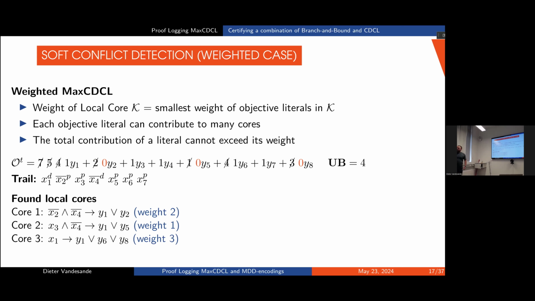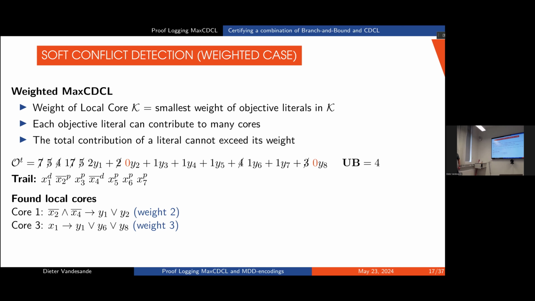So I have a lower bound now that's greater than or equal to 4. But interestingly, if we have weight 2 and weight 3 together, that's 5. So we can remove the second core and we can continue with these 2 cores. So as long as you get a lower bound greater than or equal to the upper bound, we have found a soft conflict.